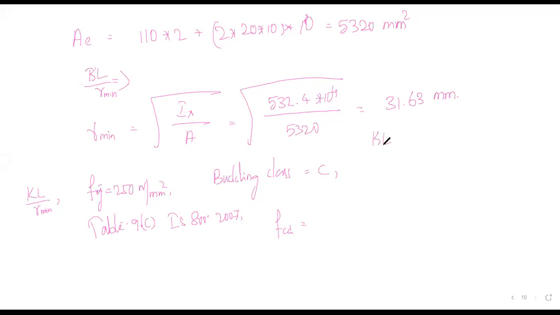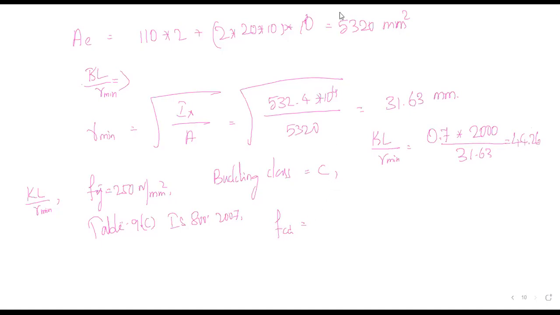KL by r minimum is 0.7 into 2000 by 31.63, so it becomes 44.26.